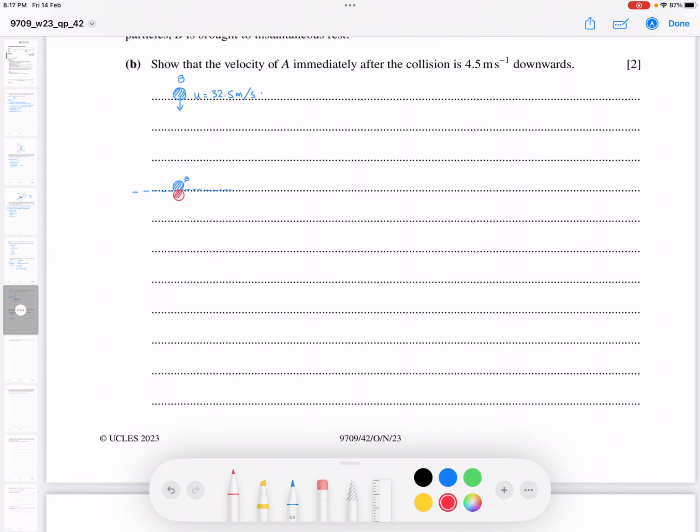This is particle A, and its velocity is 15 meter per second, and this came from part A. A was here when it was projected upward from the ground, and this distance was also given to us, which was 20 meters. Its initial velocity was 25 meter per second.